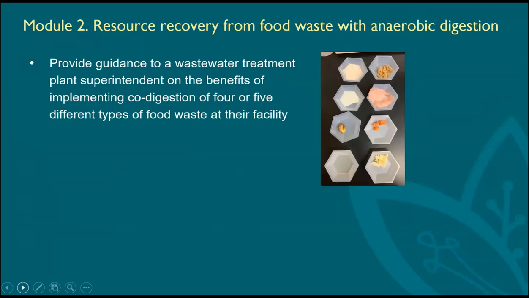So the goal for this scenario was to provide guidance to a water resource recovery facility superintendent on the benefits of implementing co-digestion. So we developed 5 different food waste recipes in which we used a source of easily degradable carbohydrates, sources of complex carbohydrates, sources of lipids, and sources of proteins.